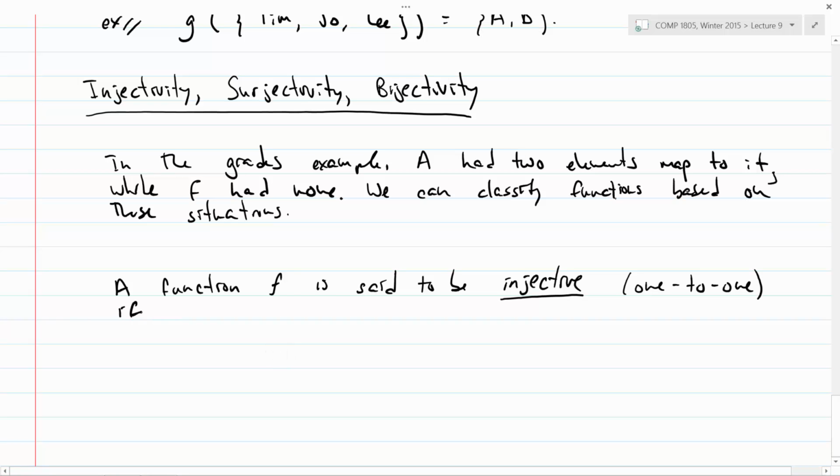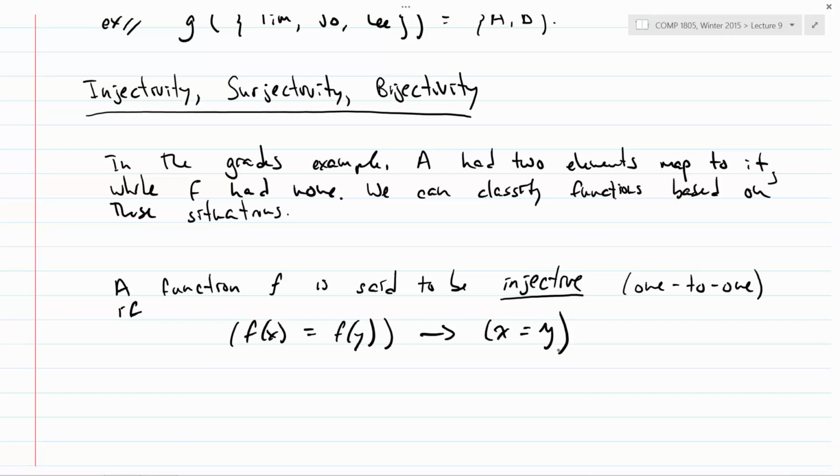If the following thing is true, f(x) equals f(y) implies x equals y. So notice this is a statement about logic, so it's a good thing we spent a couple weeks studying logic, or we wouldn't know what this meant. This says whenever the outputs are the same, the inputs are also the same.